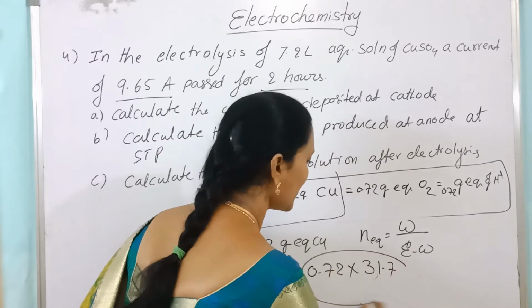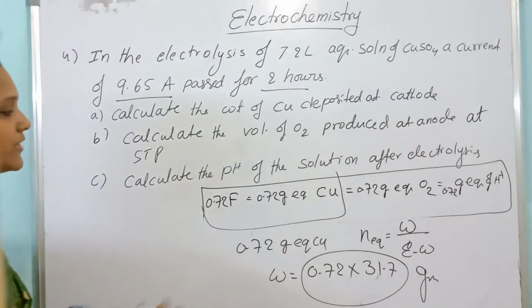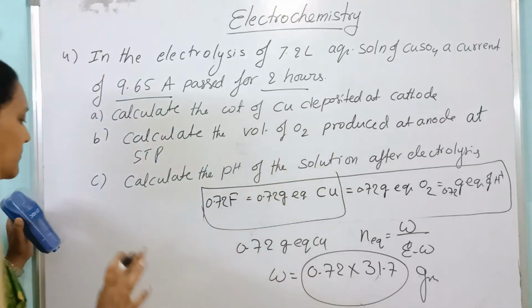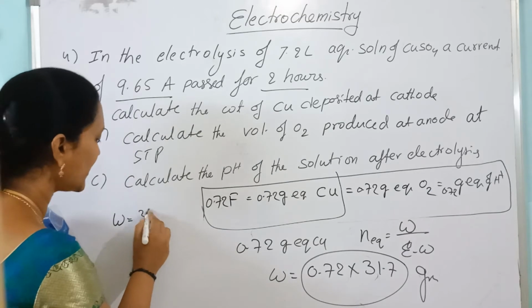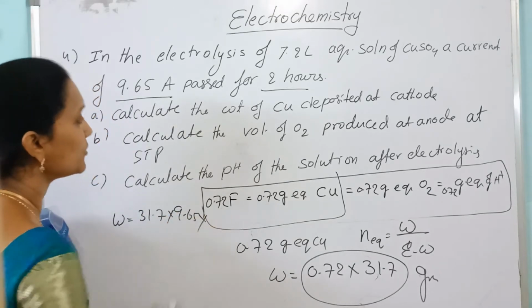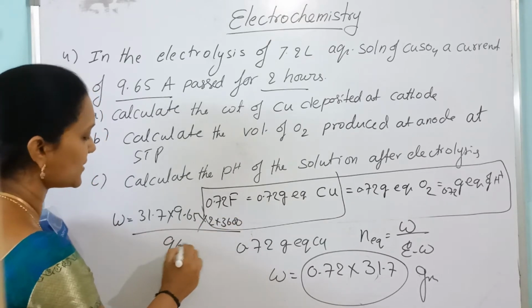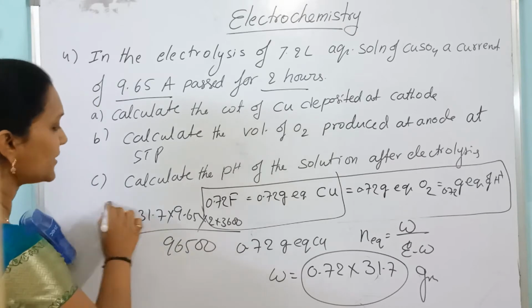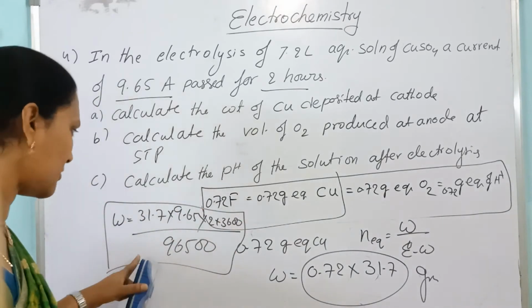If you simplify this, this is the mass in grams. Otherwise, how can we solve? Mass of copper, W is equal to equivalent mass 31.7 into I 9.65 into T 2 into 3600 by 96,500. Nothing but E into I into T by 96,500.